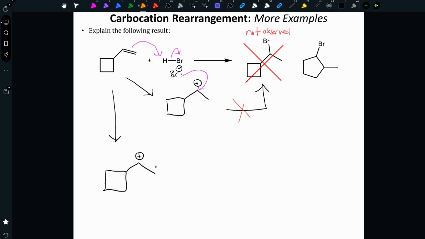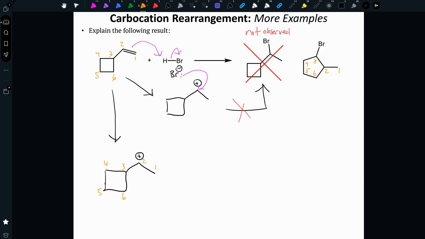I'm going to number my carbons again to make my life easier. This is especially important when we are dealing with rings and the size of the ring is changing. I'm going to guess that in the product, this is still carbon 1 and still carbon 2 and still carbon 3, 4, 5, and 6.